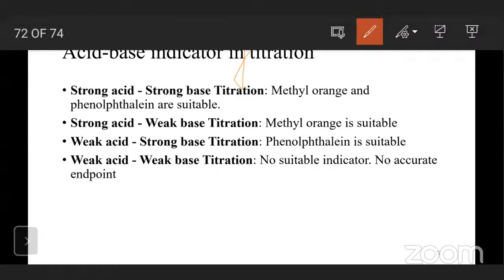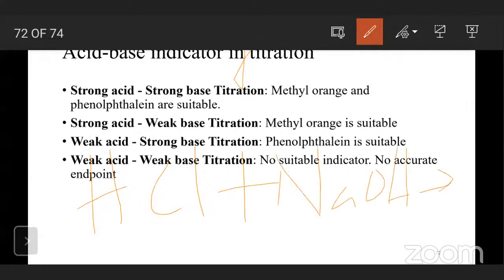For a strong acid and a strong base, for instance, if you have a strong acid HCl and a strong base, let's say sodium hydroxide, for this type of reaction, you can use methyl orange, you can use phenolphthalein as indicator.